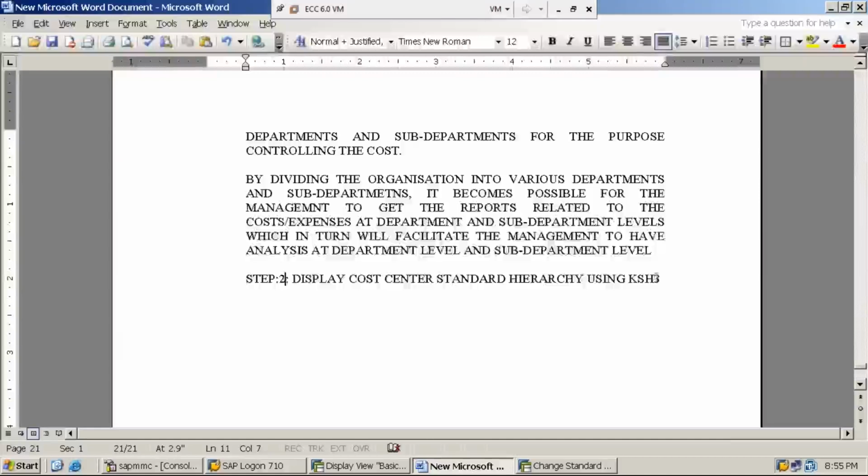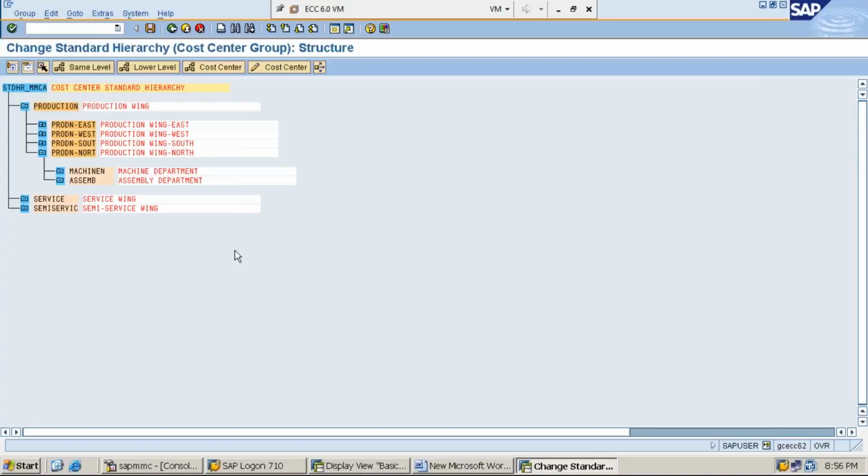So within the brackets, path is same as step number 1. Understood? Okay, so that means whatever path we have used for step number 1, we can use for step number 2.